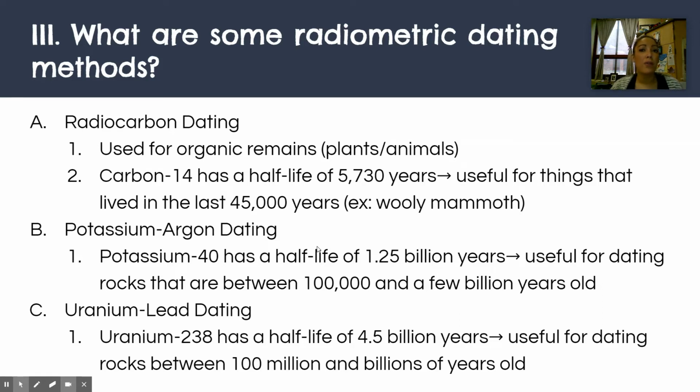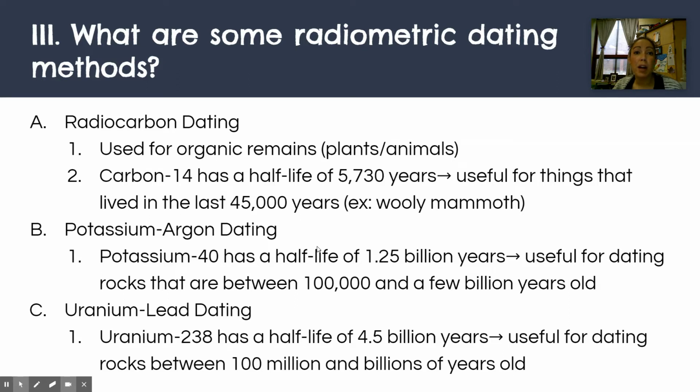Not as good for dating dinosaur age fossils, because there would be so little radioactivity left in their bones that we probably wouldn't be able to detect exactly how much. So not quite as useful for the things that are millions of years old, but for things that lived more recently, radiocarbon dating is good.